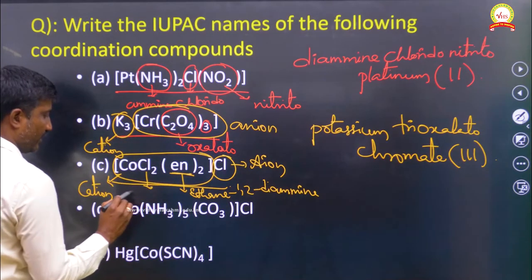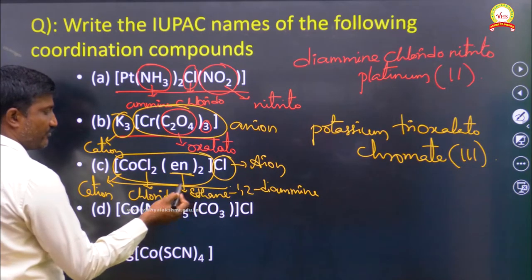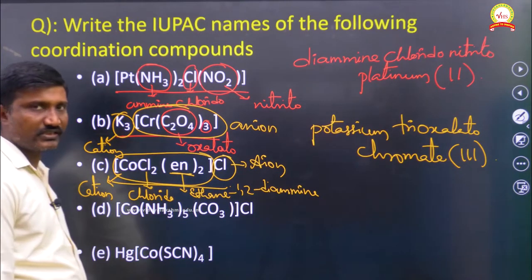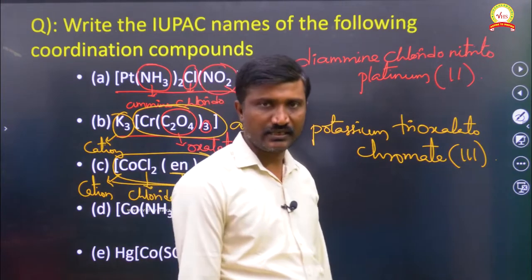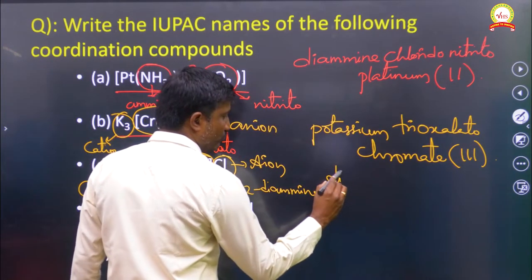And Cl means chlorido, right? Ethane-1,2-diamine starts with E, and chlorido starts with C. So which one comes first? C. So we write dichlorido, two times there.